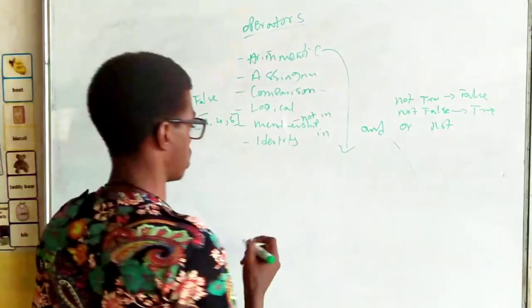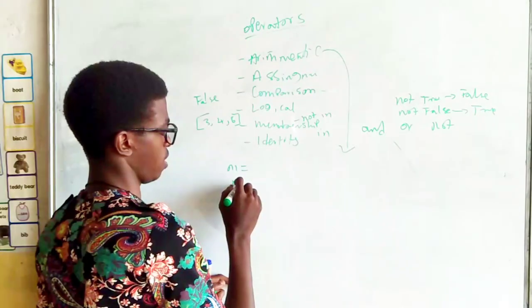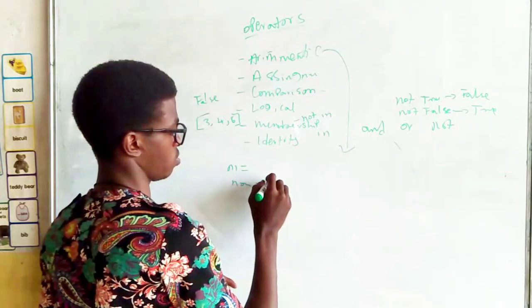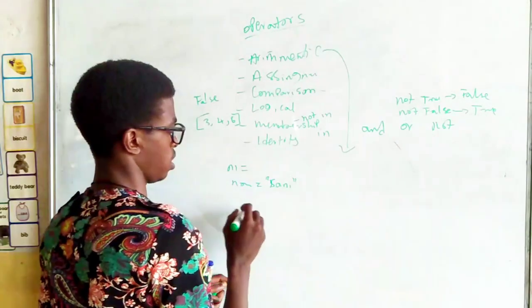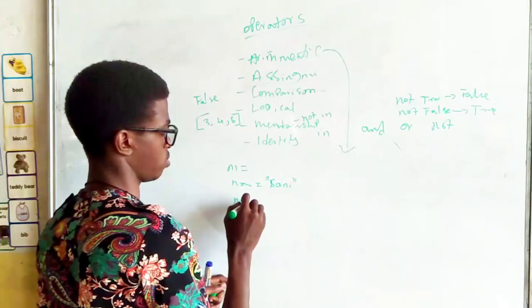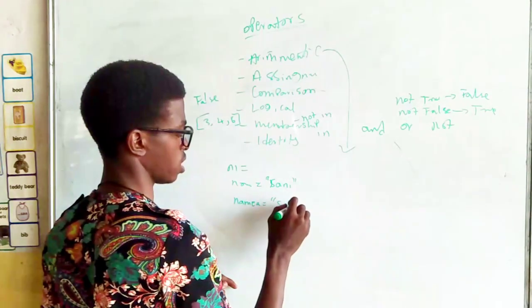For example, I created a variable called name, then I say equal to Sani. Then I create another variable called name2 and I give it the same value, which is equal to Sani.